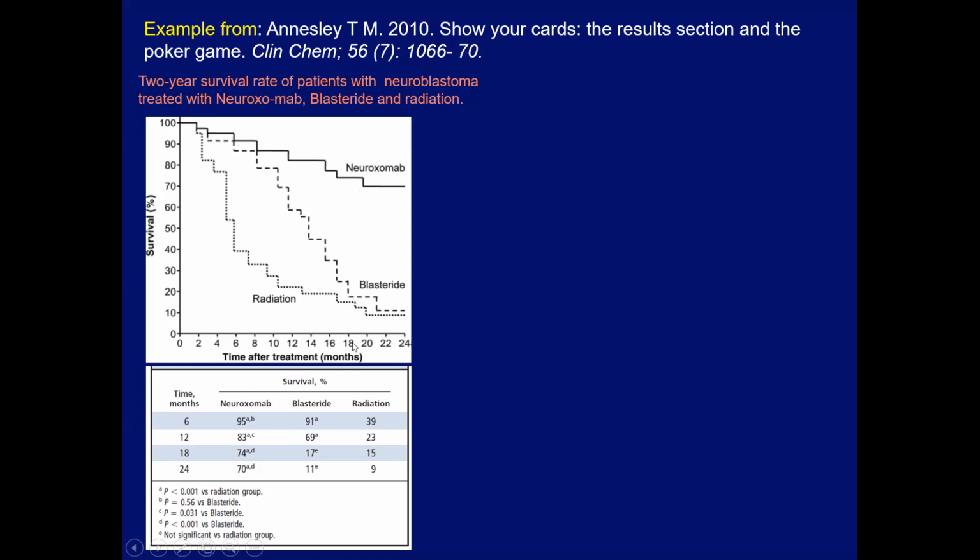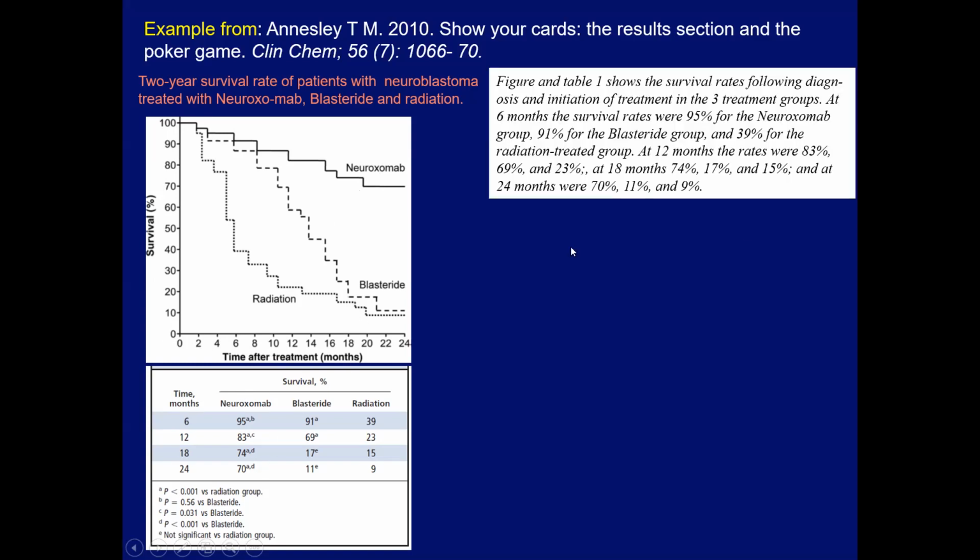Okay. So the figure and table show the survival rates following the diagnosis and initiation of treatment in the 3 treatment groups. At 6 months, the survival rates were 95% for the neuroxumab group, 91% for the plastide group, and 39% for the radiation-treated group.